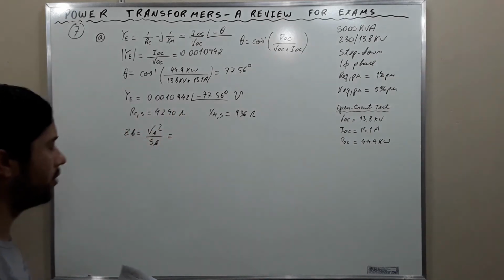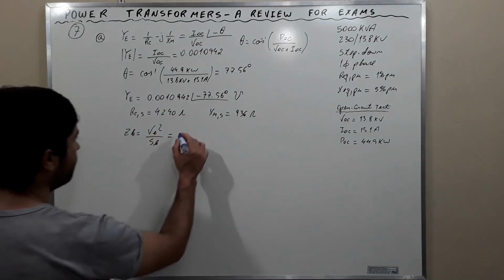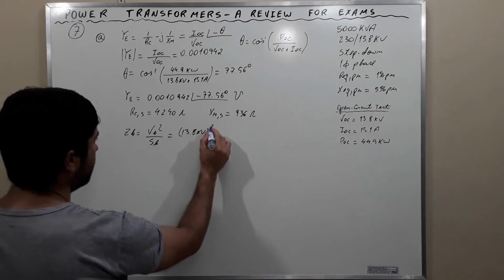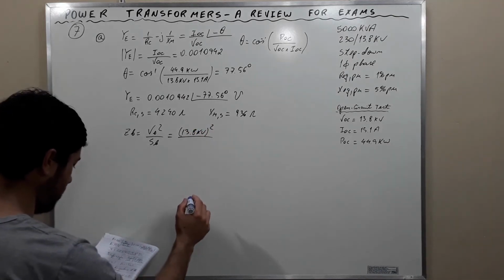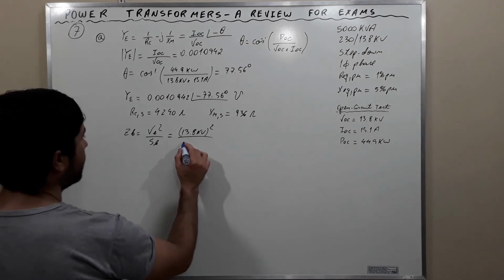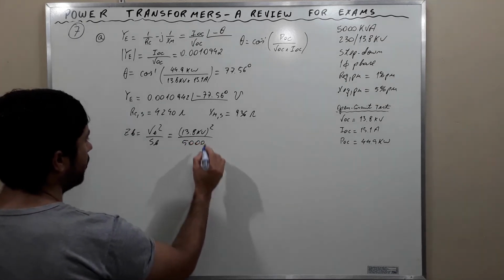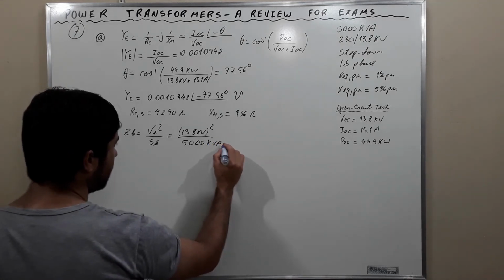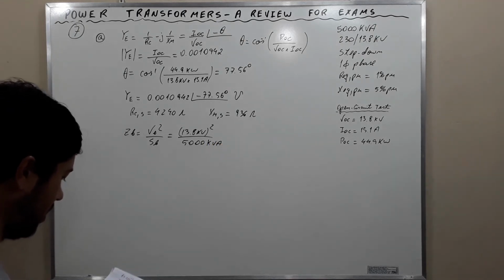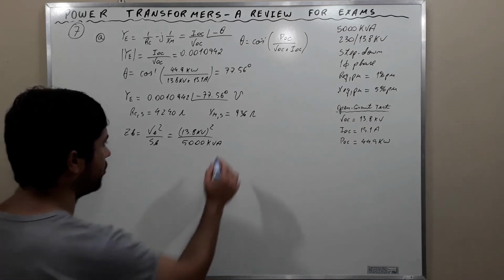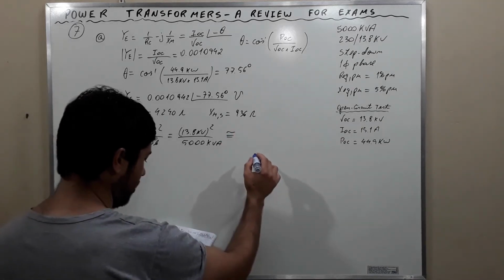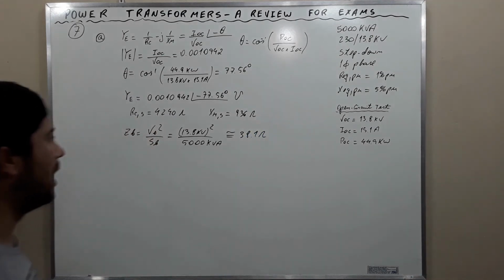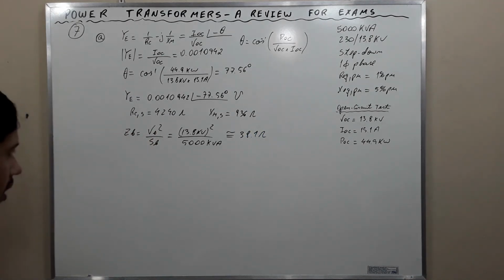We are working with the low voltage side: 13.8 kV squared divided by the power rating of the transformer, 5000 kVA, which is approximately 38.1 ohms.